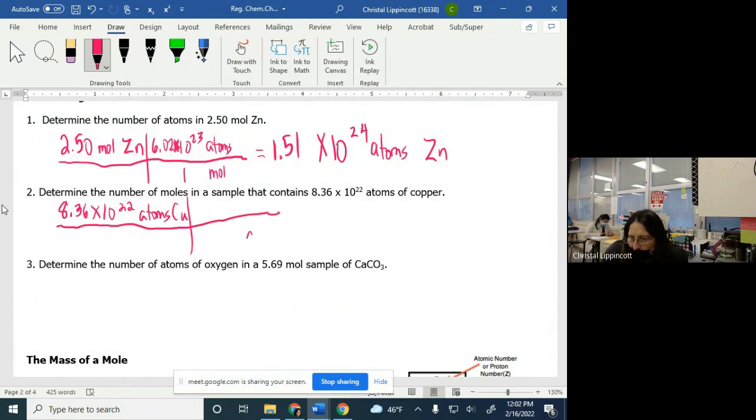And if I'm getting rid of atoms and going to moles, it's going to be 1 here and 6.02 times 10 to the 23rd here. All right. So hopefully I did this right. I need 3 sig figs, so 0.139, and that's going to be moles of Cu.